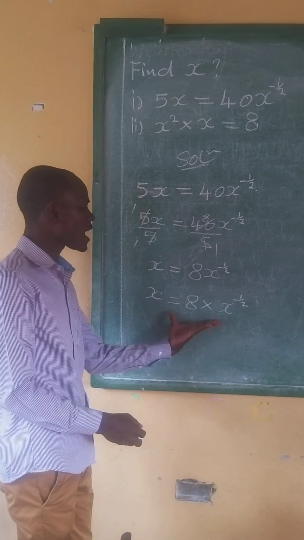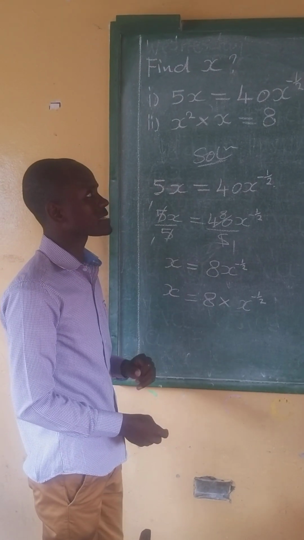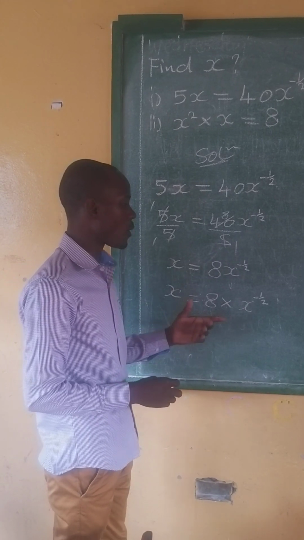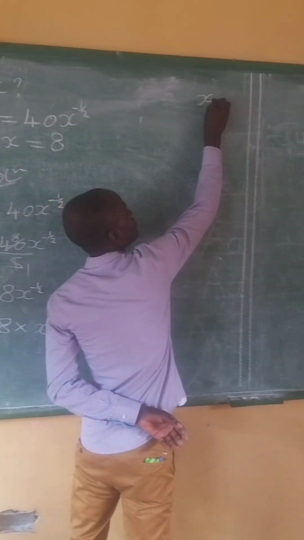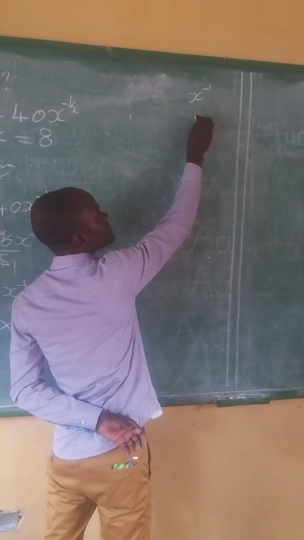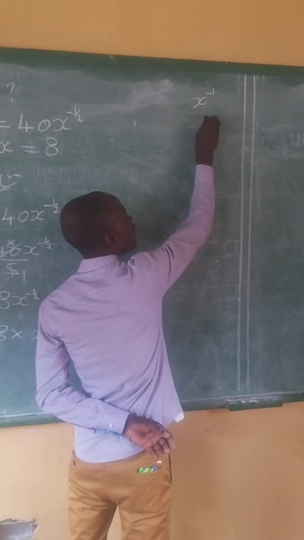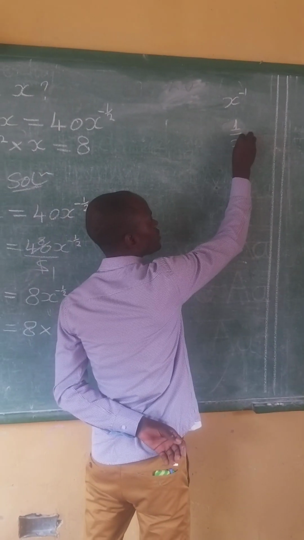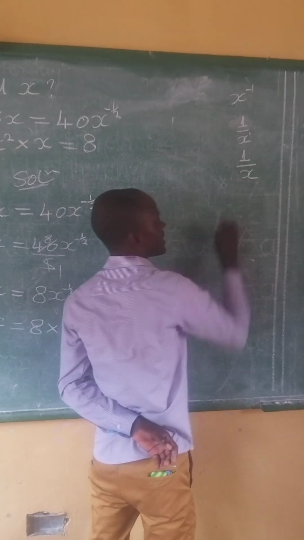Now, if you look at this question the way it has been expanded, I want you to understand the rules of indices. Number one, we are told that when you have x to the exponent of negative 1, this is just the same as 1 over x to the exponent of 1, which is just 1 over x.